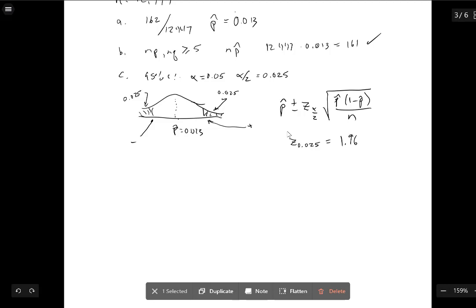So our p hat, 0.013, plus or minus 1.960 times the square root of 0.013 times 1 minus 0.013, which is 0.987, divided by n, which was 12,447.